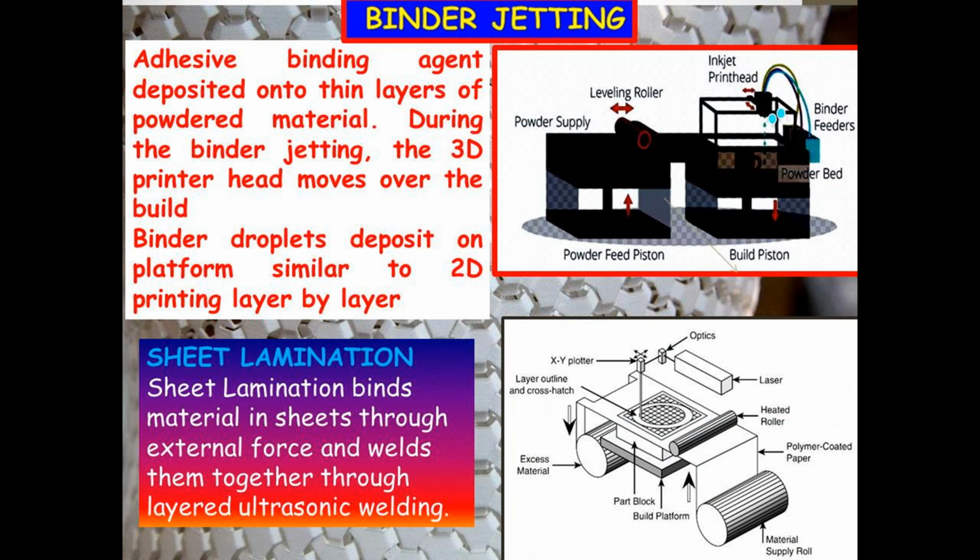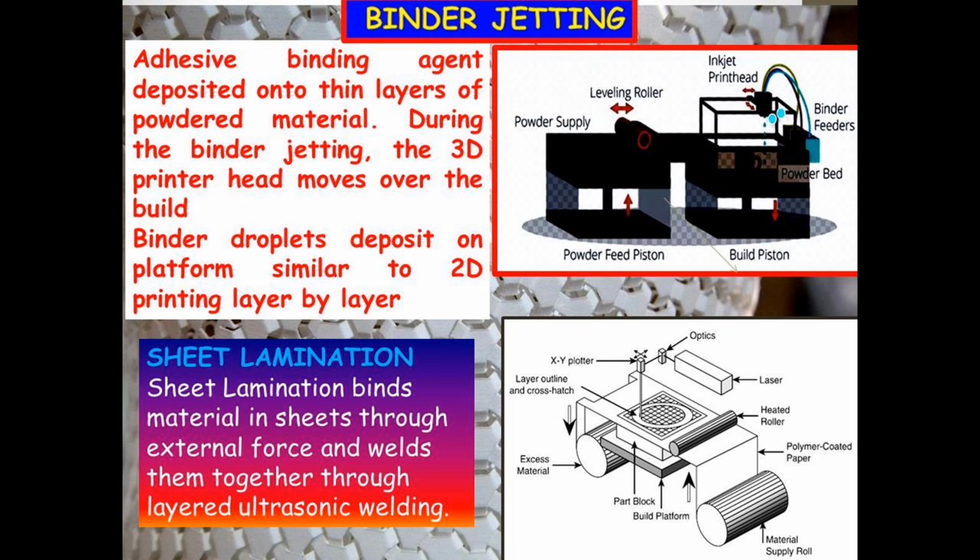Binder jetting. An adhesive binding agent is deposited on thin layers of powdered material. During binder jetting, the 3D printer head moves over the bed. Binder droplets deposit on the platform similar to 2D printing, layer by layer. Sheet lamination.